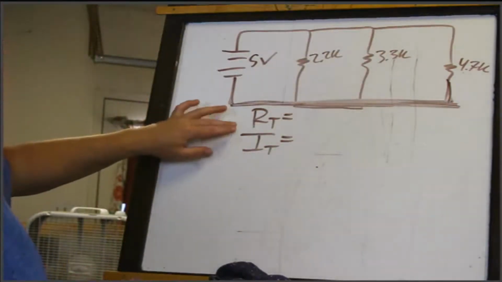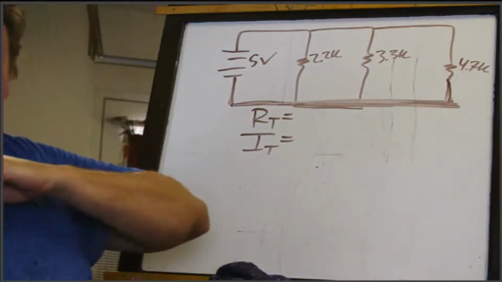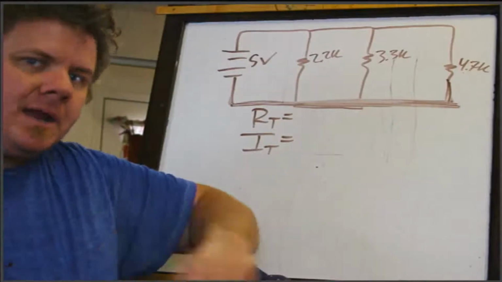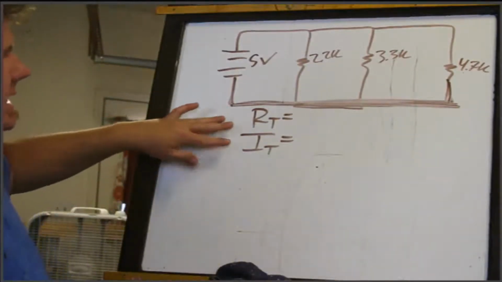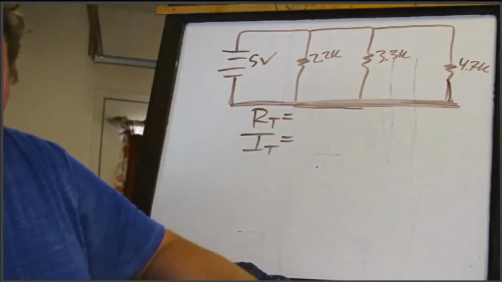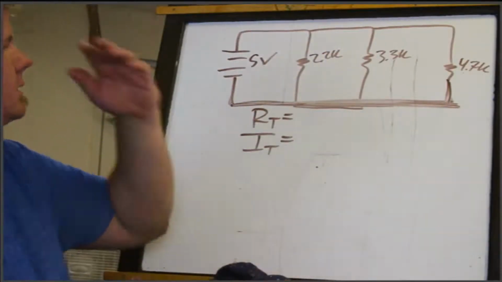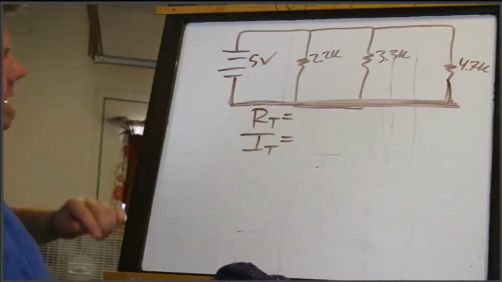But I would like you to start getting in the habit of using the current division, because it's going to be important when we go to the chapter 7, 8, and 9. Okay? So just get in the habit of always doing it that way. Double check yourself with Ohm's law if you want to. But get your technique on current division down. Okay. So start there, and then I'll jump in.